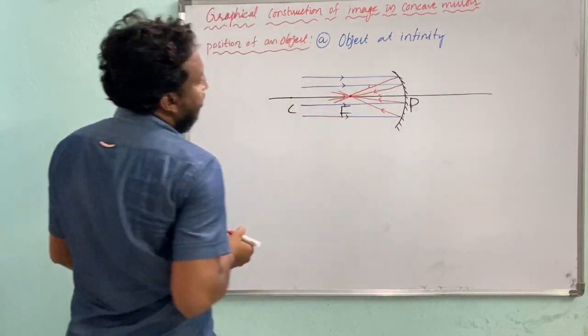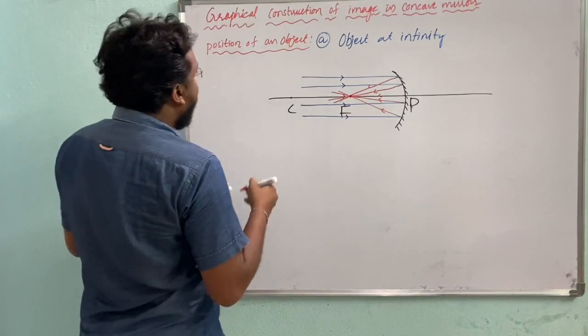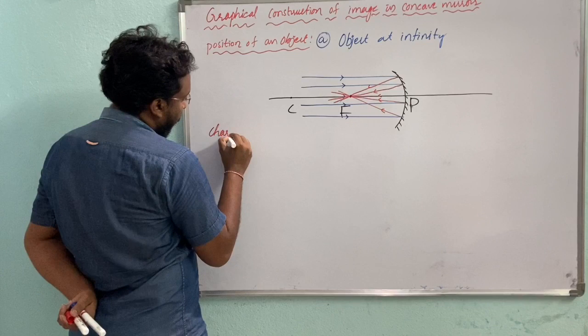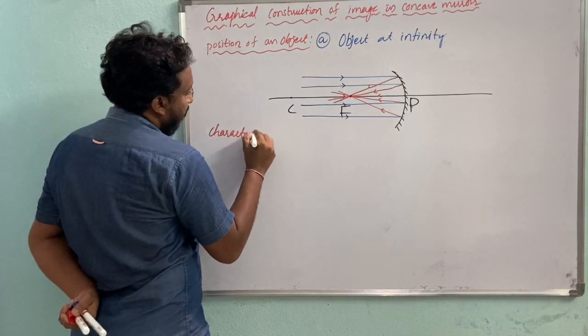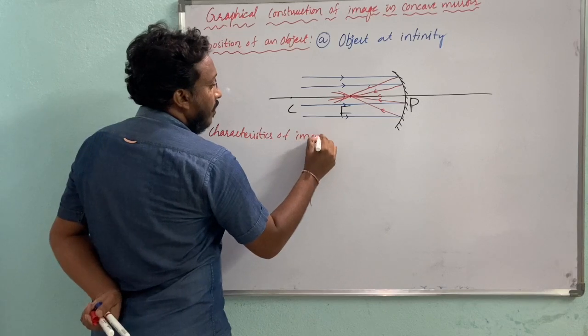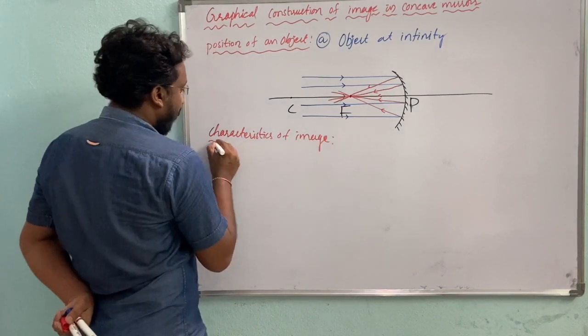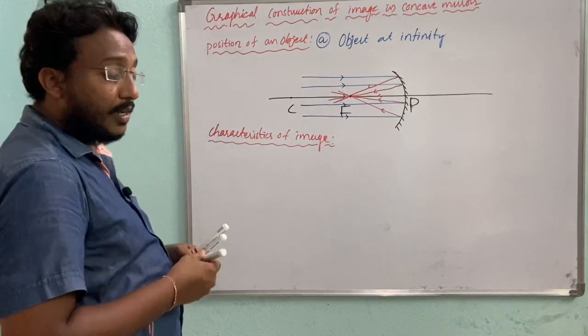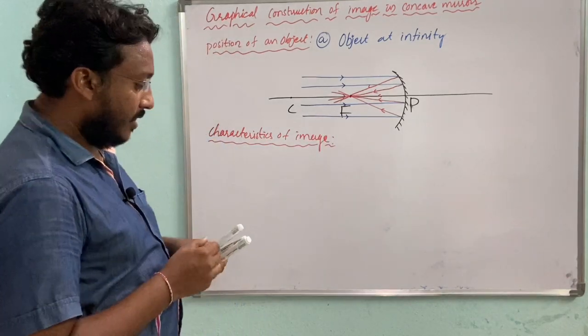Here the image is formed. Then after we have to write characteristics of the image. Right? Characteristics of the image after completing this.